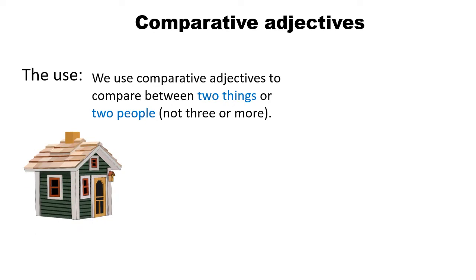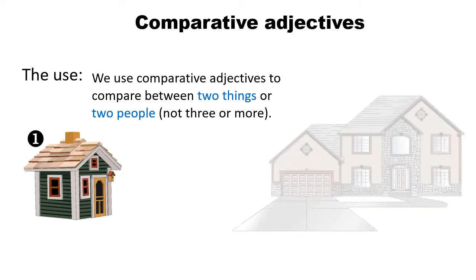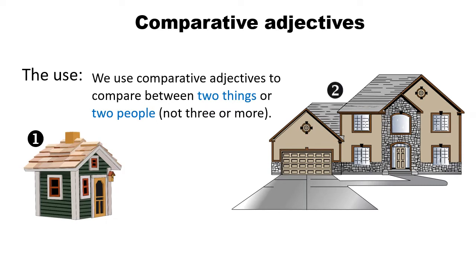Okay, as you see here, it's a picture or an image of a house. So let's say this house is number 1 and this house is number 2. So the first house is small and the second house is big.